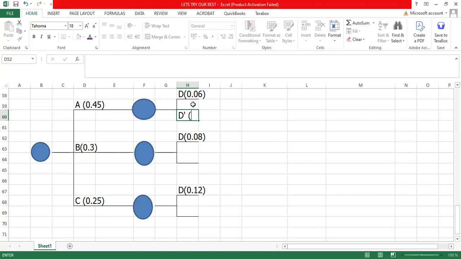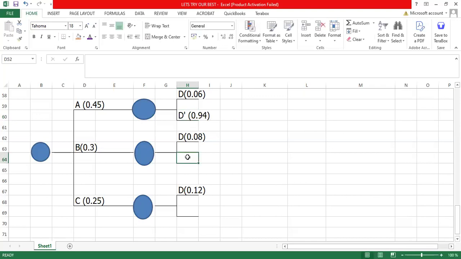What is the probability of A not producing a defective item? 1 minus this, 0.94.